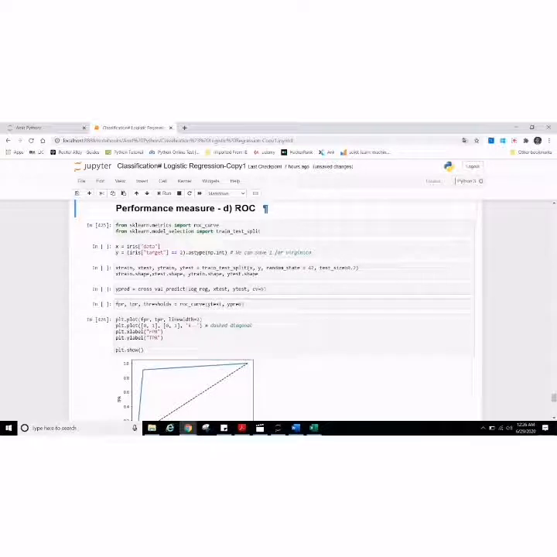In the ROC AUC code, I have imported roc_curve to calculate FPR and TPR from sklearn.metrics. I have imported train_test_split from sklearn.model_selection. In X, I have saved the iris data, and in Y, I have saved the data for Virginica. So it will be 0 or 1: 1 for Virginica, and for the rest, it will be 0. We can verify that as well.